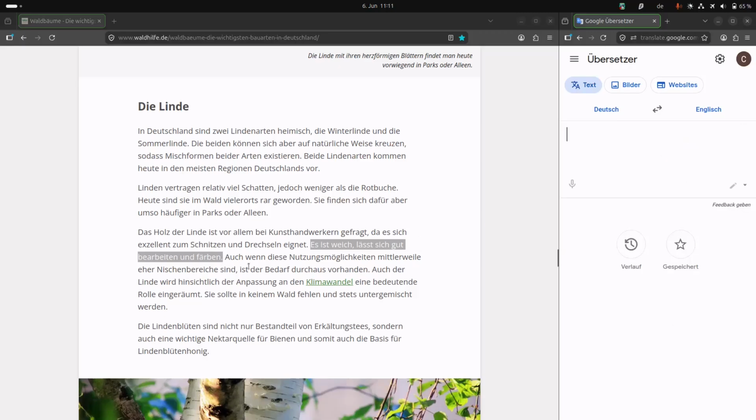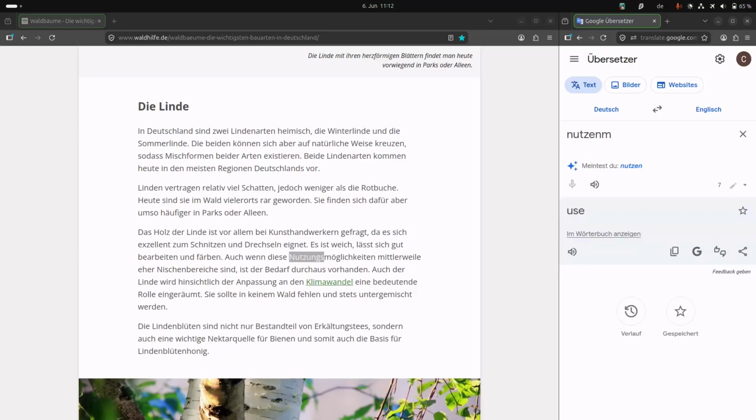So. Auch wenn diese Nutzungsmöglichkeiten mittlerweile eher Nischenbereiche sind, ist der Bedarf durchaus vorhanden. Auch wenn, even if, in general it means also when, but in this case it means even if, because when can also mean if. Nutzungsmöglichkeiten, Nutzung means usage, because it derives from the word nutzen, which means use.